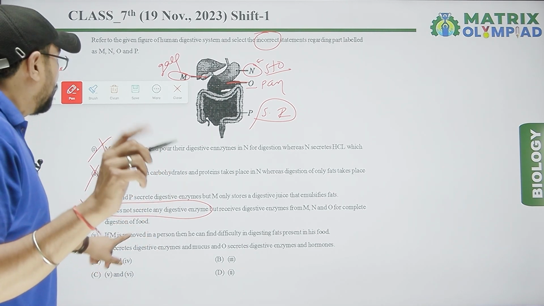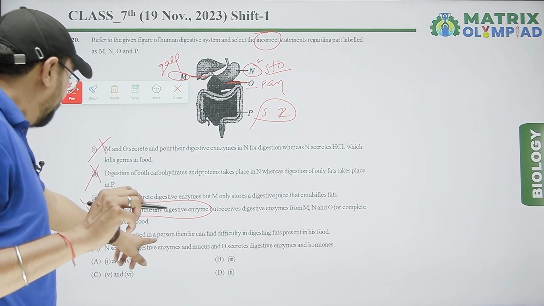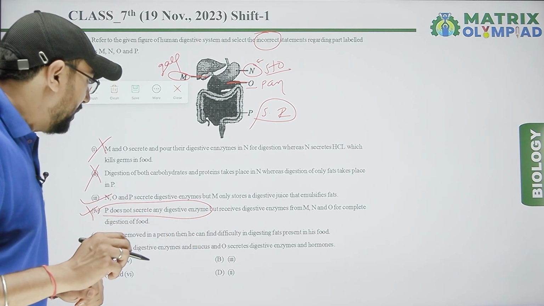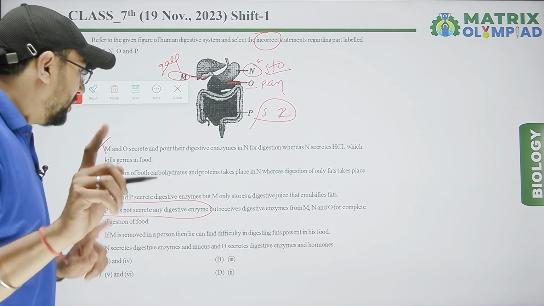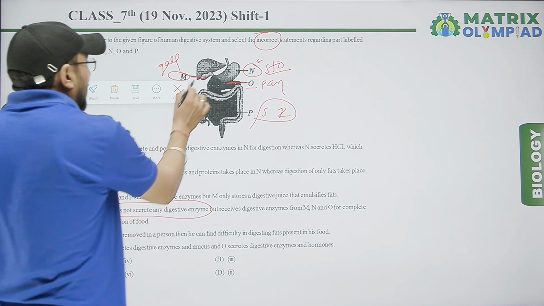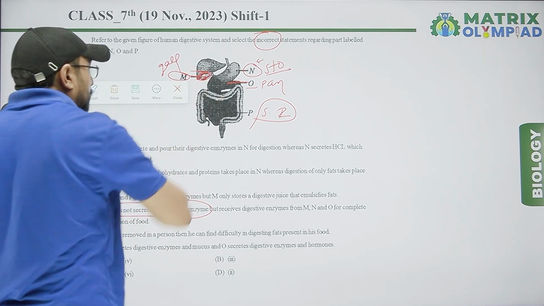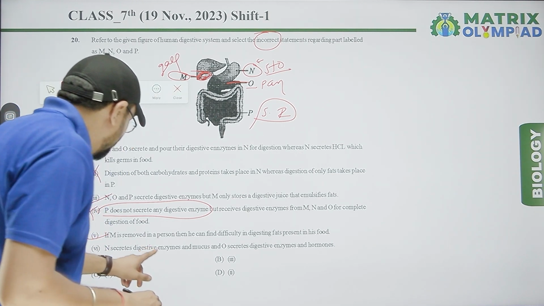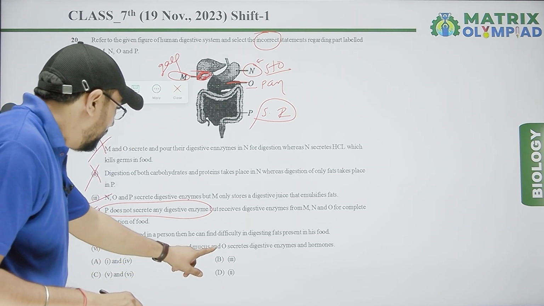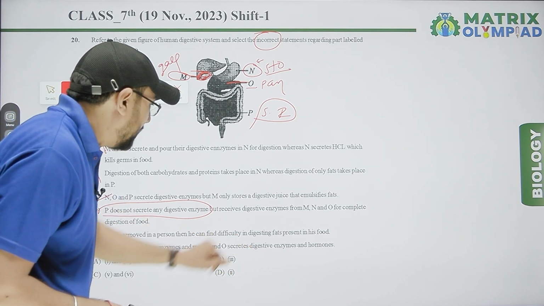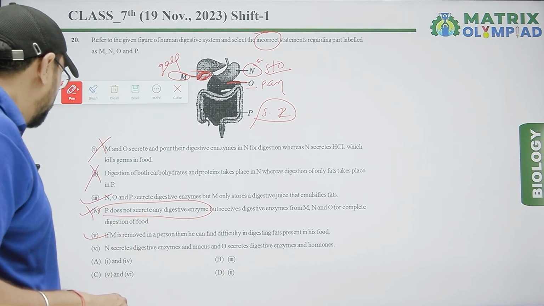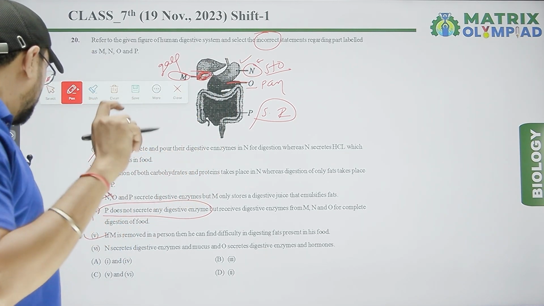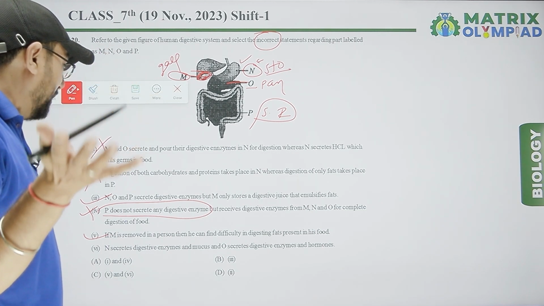If M is removed from a person, then he can feel difficulty in digesting fat present in his food, right? Because M helps in emulsification of fat. So that is a right statement. Next one is N secretes digestive enzyme and mucus, and O secretes digestive enzyme and hormone. N, stomach, digestive enzyme, mucus, that is right.